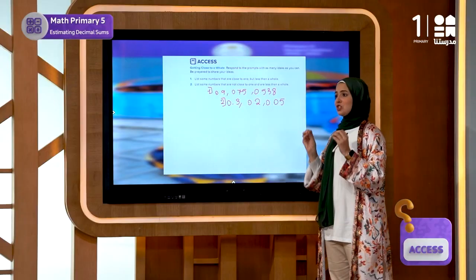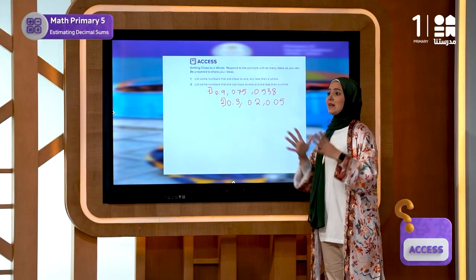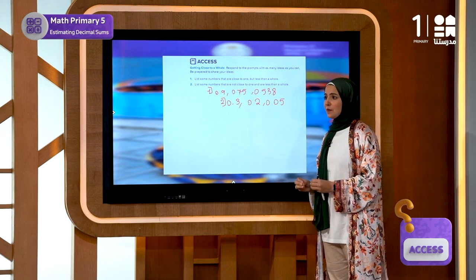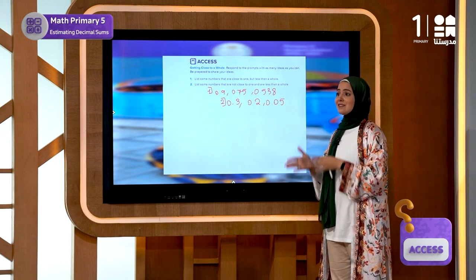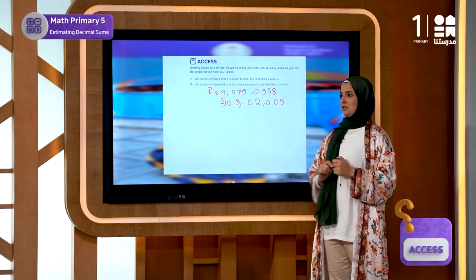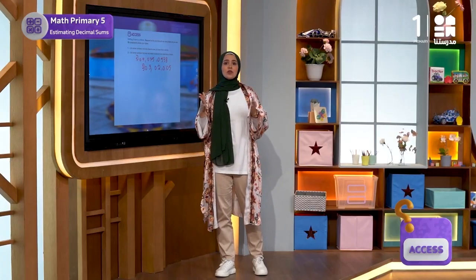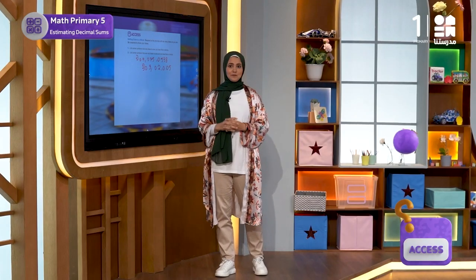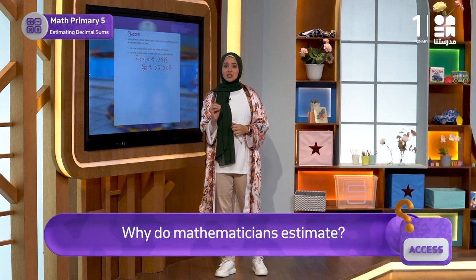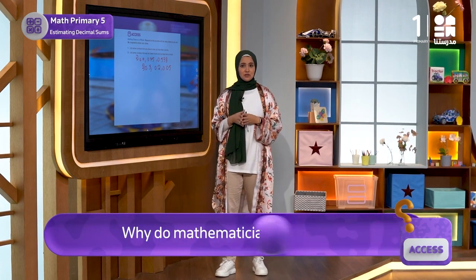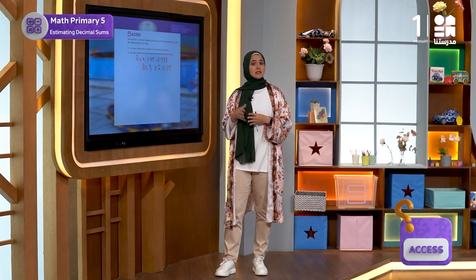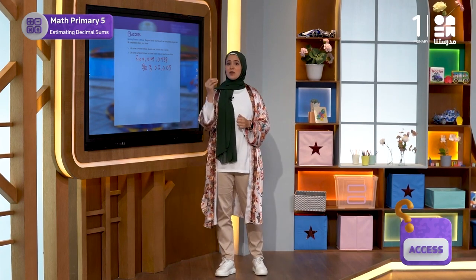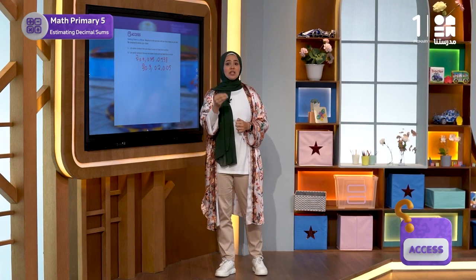When I asked my students in some classes, some of them said that estimations are a way to get us close to a correct answer, and that helps us to deal with numbers easily. That's why mathematicians use estimations, so that they quickly calculate distances, speeds, and the results of mathematical operations.